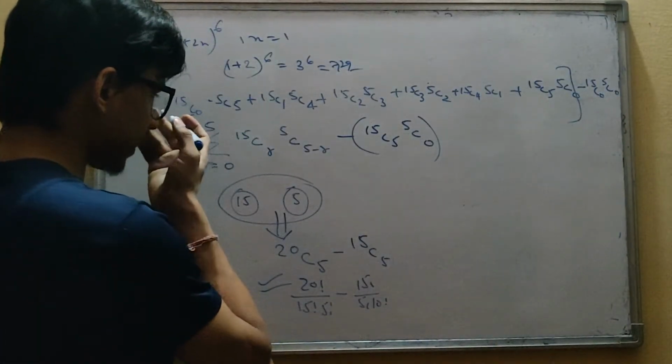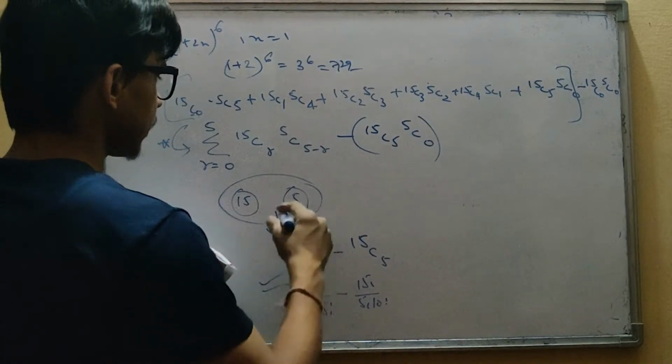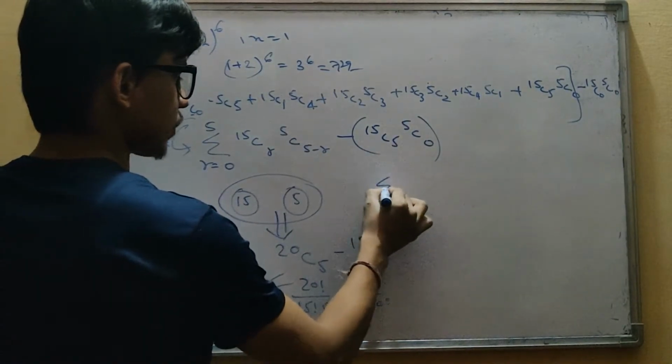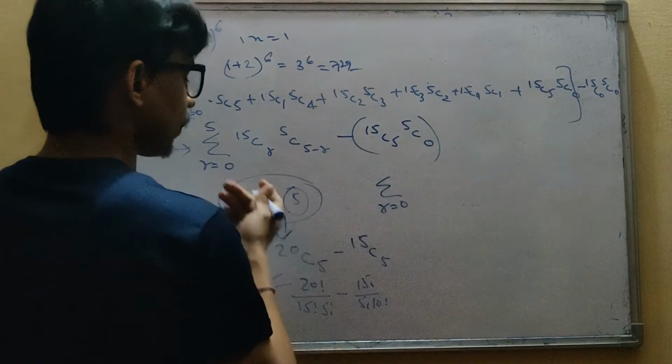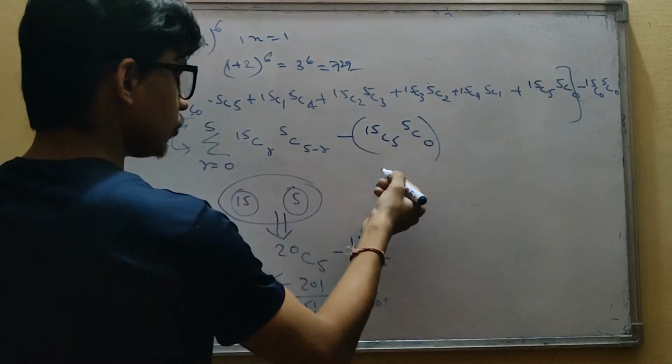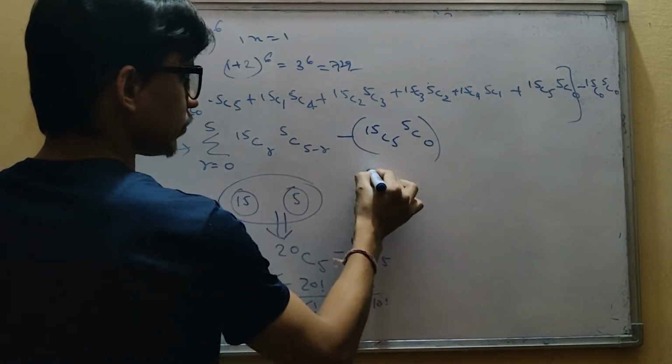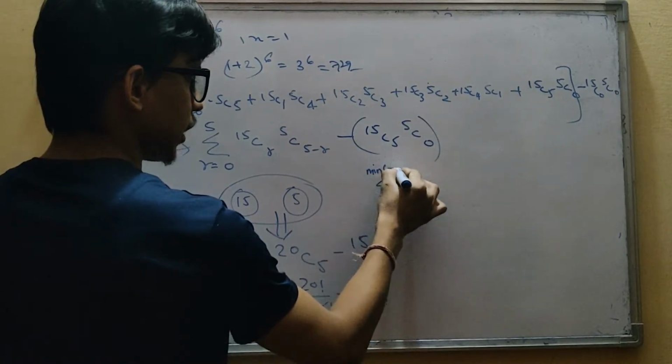So you can remember it in this way. This generally becomes a formula: summation from R equals 0 to the minimum of m comma n.